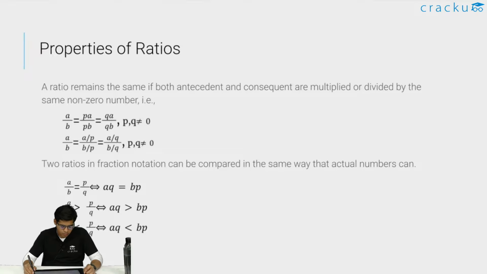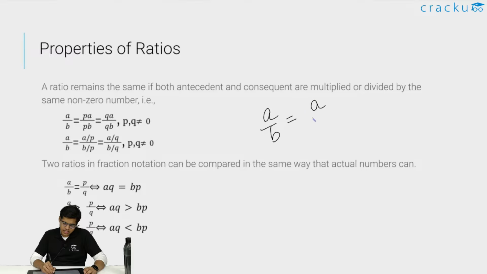So now come the properties of ratio. A ratio remains the same if both antecedent and consequent are multiplied or divided by the same non-zero number. So if the ratio is A by B and a and b are multiplied by x, the ratio will remain a by b.